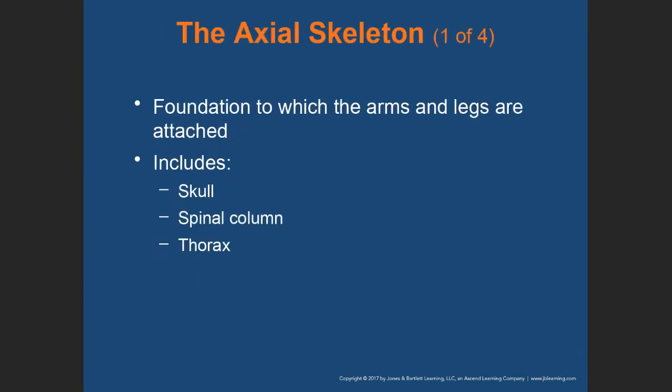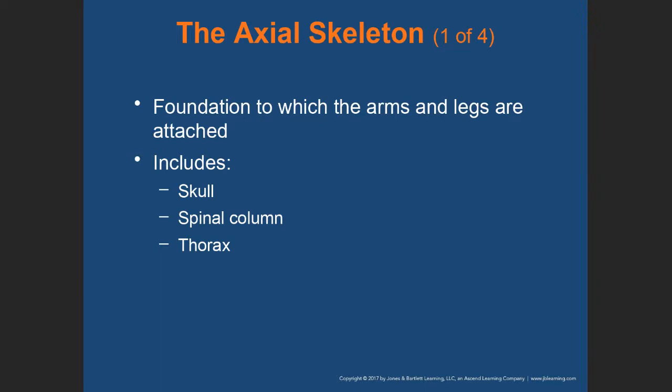Now, the skeletal system is divided into the axial skeleton and the appendicular skeleton. An easy way for me to remember it is the axial skeleton is the centerpiece of the skeletal system. So the centerpiece is the skull, the spinal column, and the thorax.